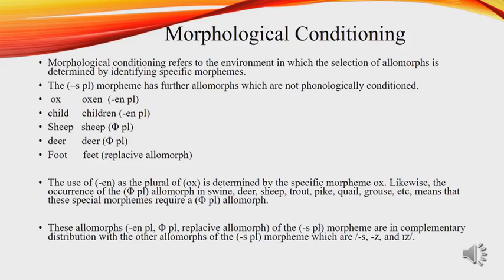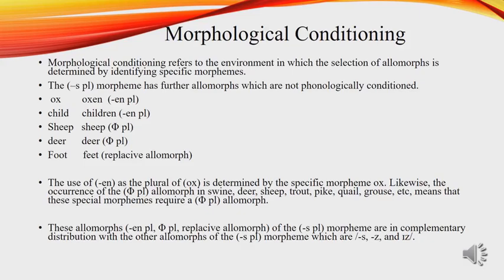Another example is foot, feet. Feet is the plural of foot. And in feet, we have the S plural that comes in the form of an infix. This infix is going to be called a replacive allomorph because we have a replacement of one sound with another, U with E, foot, feet.